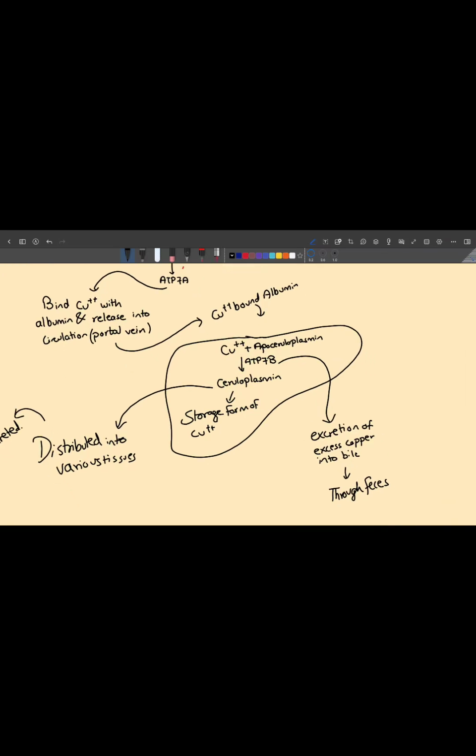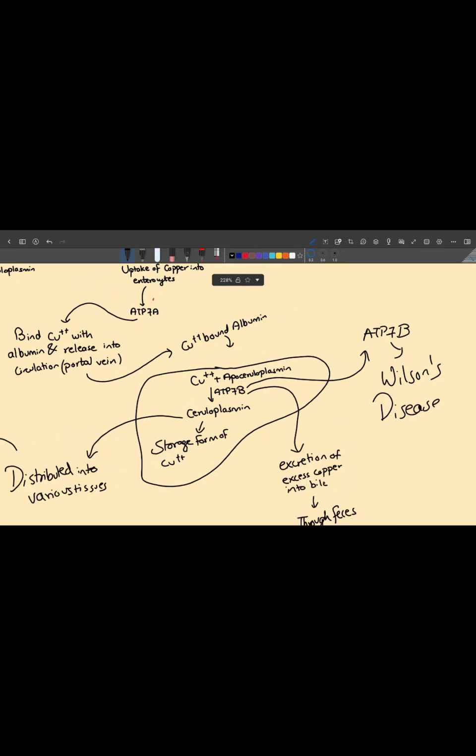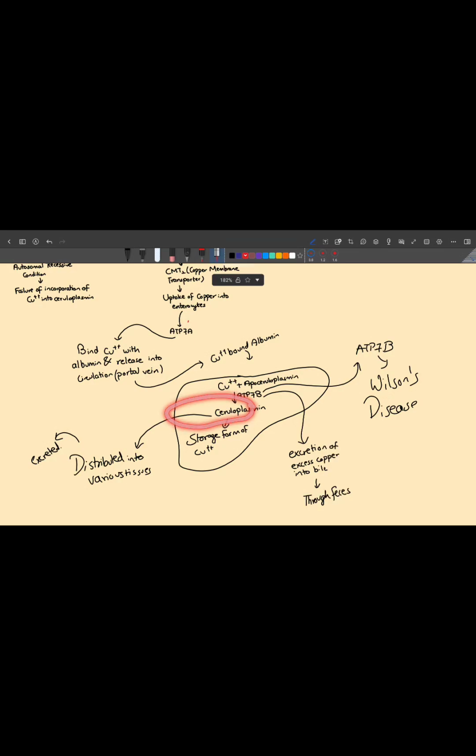Now what happens if there is a problem in ATP7B? That's right, you get Wilson's disease. If there is a problem in ATP7B, then copper won't be bound to apoceruloplasmin, so it won't form ceruloplasmin, and no ceruloplasmin means no storage form.